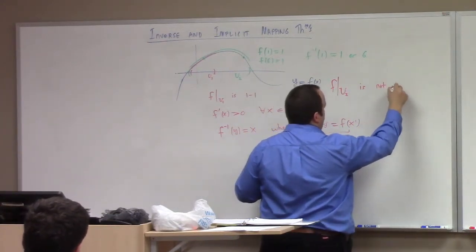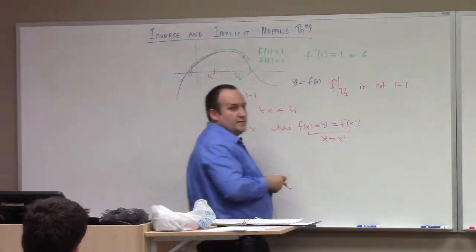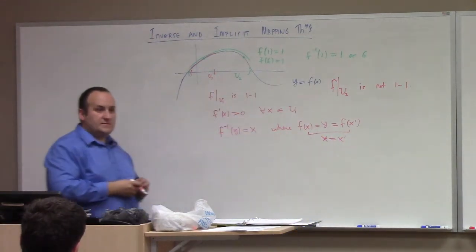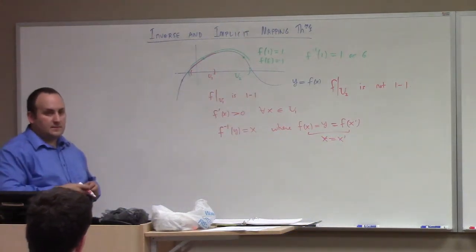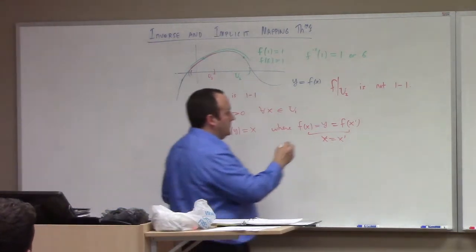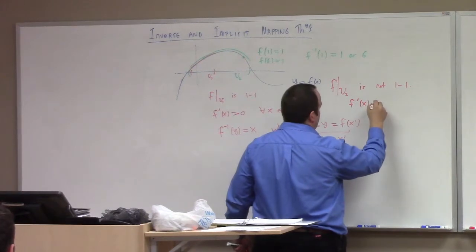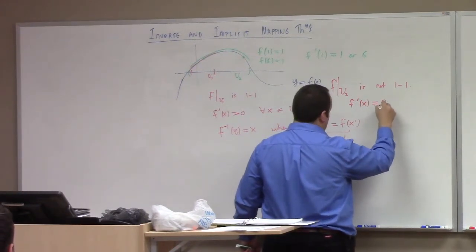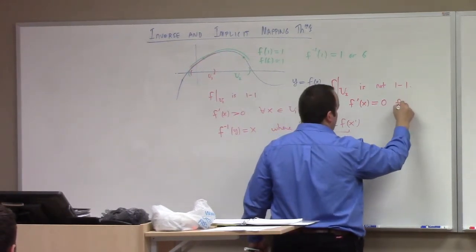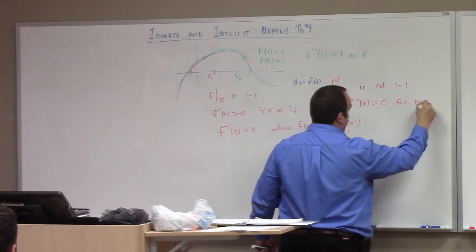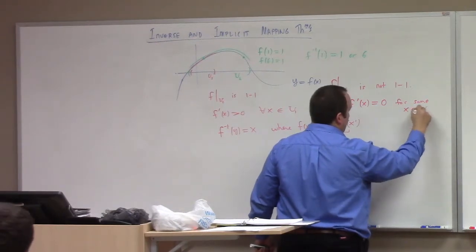That's the set theoretic comment. But what can we see in terms of calculus? Right, f prime of x is equal to 0 for some x in U2. That's the issue.